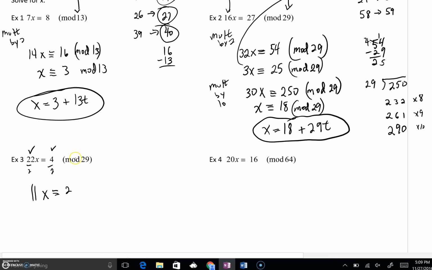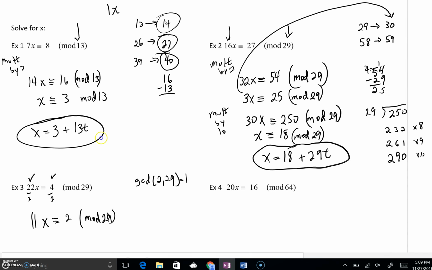Now, the big question is, would the mod change? Let's look at the greatest common divisor of 2 and 29. That's just a 1. In other words, 2 doesn't divide that modulus. What does that mean? When you are dividing by a number that doesn't divide your mod, the mod stays the same.